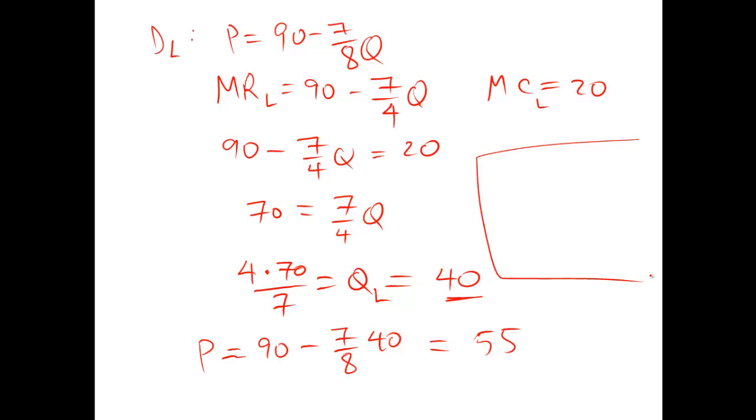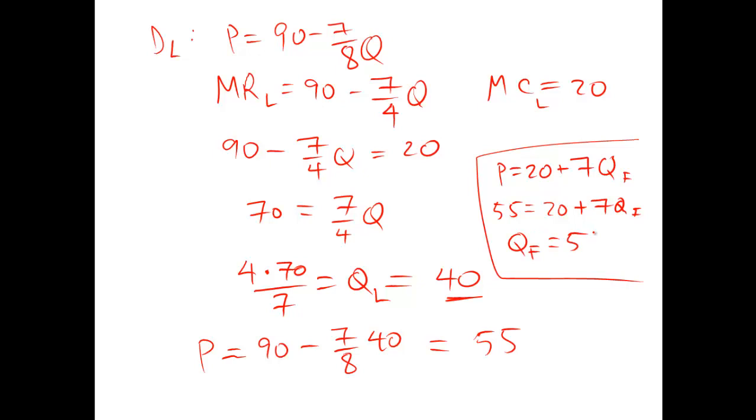Remember that follower supply curve here is P equals 20 plus 7 times Q. We've said that the price in the market's 55, so let's find the Q that solves that. 55 equals 20 plus 7Q. We can call that QF if we like. That means 55 minus 20, which is 35, divided by 7 equals that Q. 35 over 7 means QF equals 5.